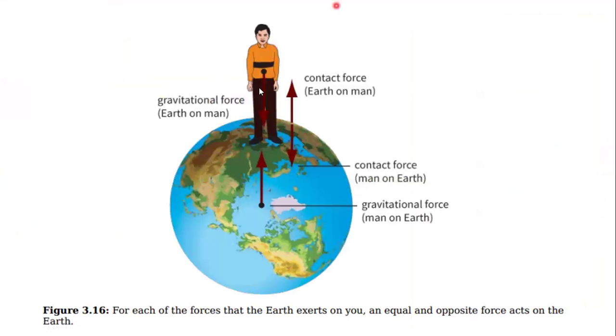Even though we are living on the earth, we are also undergoing Newton's third law, right? Because we are interacting with the floor, or we are sitting in a chair, so the four legs of the chair are applying weight, and there are also four reaction forces or normal forces.